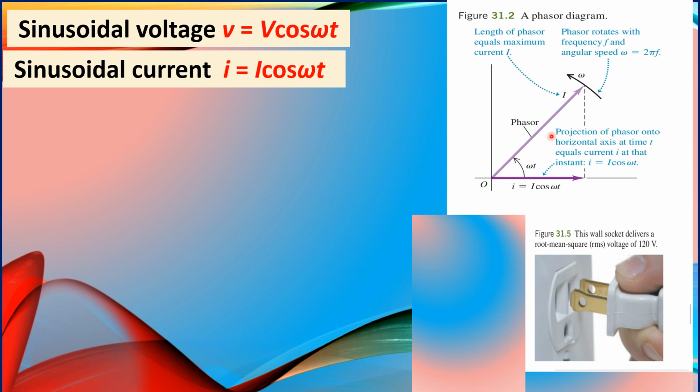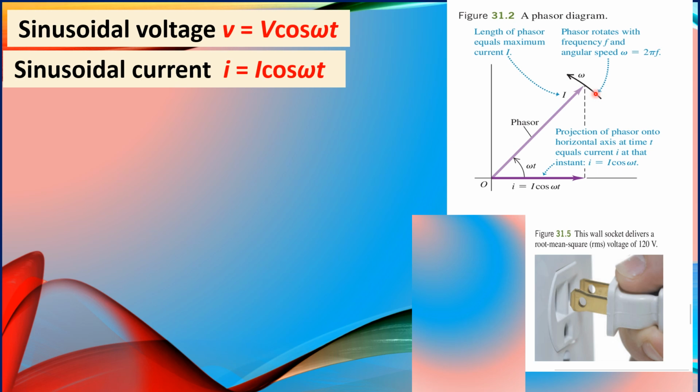The phasor current is represented here by this arrow in the first quadrant. The length of this arrow is equal to the maximum value of the current I. We say that this phasor is rotating in a counterclockwise direction.